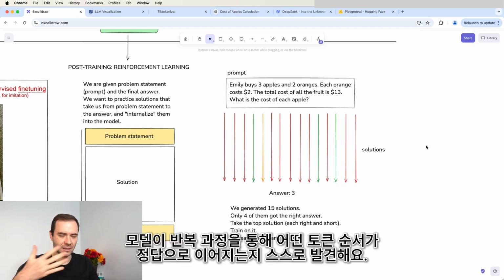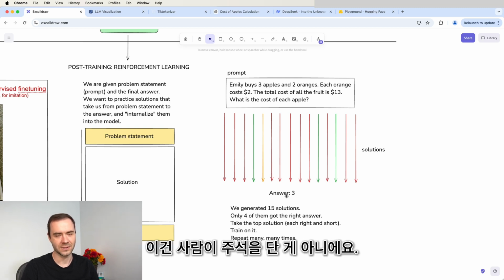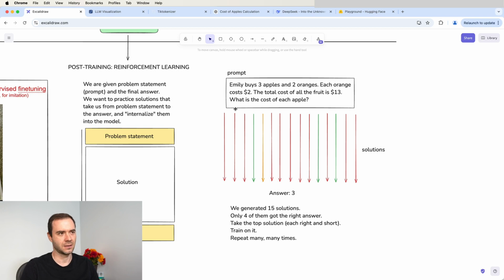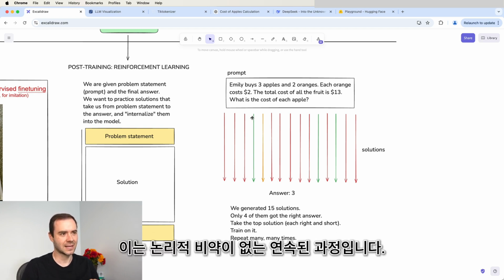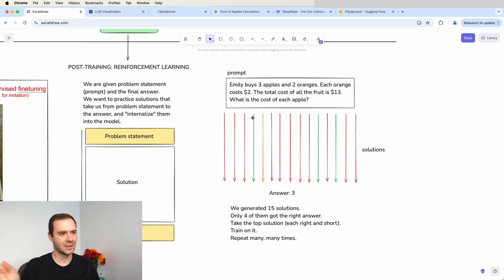And as we're iterating this process, the model is discovering for itself what kinds of token sequences lead it to correct answers. It's not coming from a human annotator. The model is playing in this playground, and it knows what it's trying to get to, and is discovering sequences that work for it. These are sequences that don't make any mental leaps.